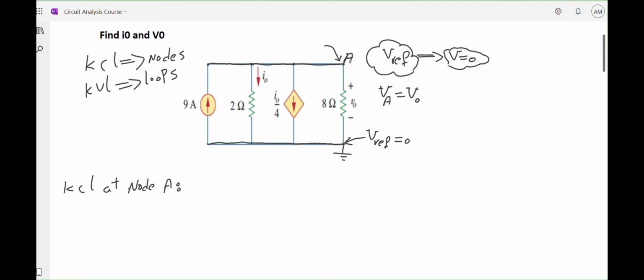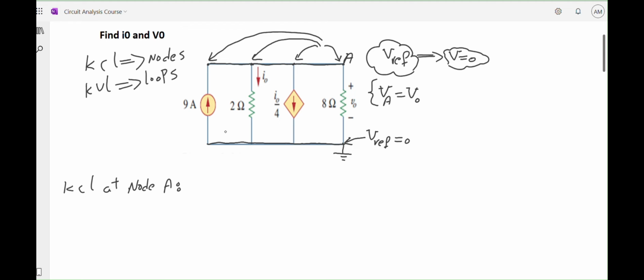The potential of VA, which is the potential of node A, is the same as the potential of this point, and this point, and this point. So these four nodes have the same voltage. I can consider VA for all of them.